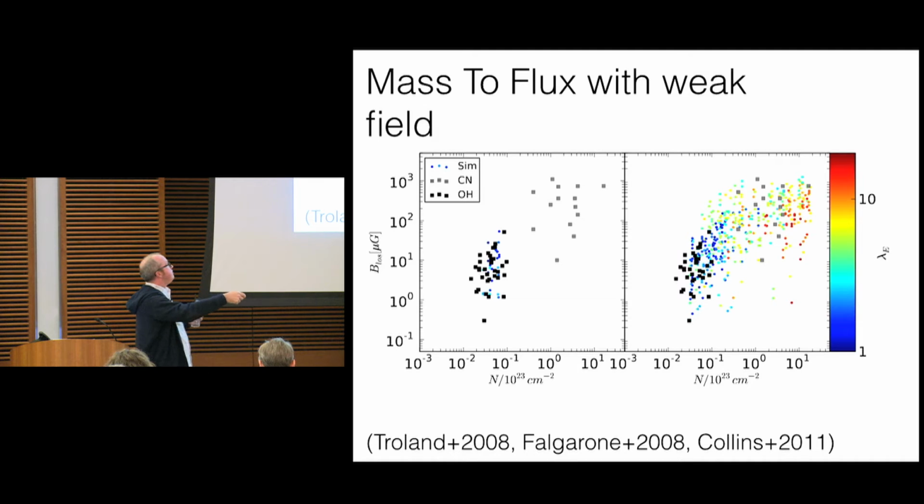We need the effect of gravity to get the higher density CN points, and this is similar to what Chris had talked about yesterday. So we can reproduce this even with a weak field. Then it's up to making sure we get the rest of the properties to be able to back out what the actual magnetic properties of the gas are.